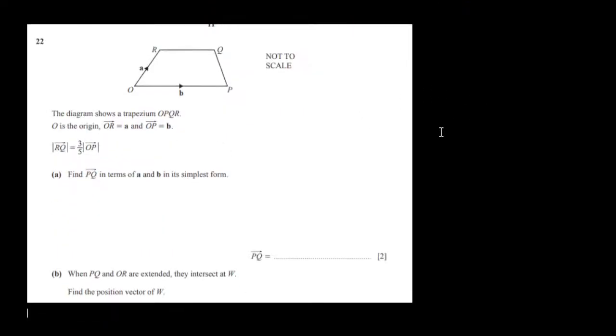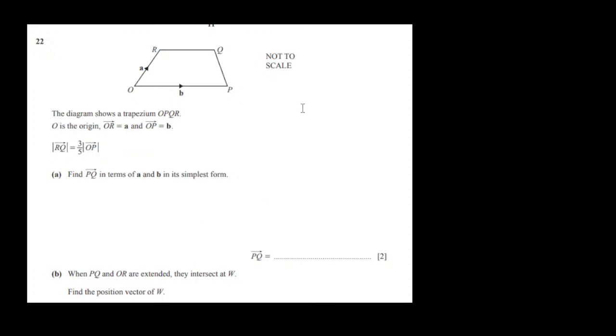The diagram shows a trapezium OPQR. Okay, Neha, I will see your question. Okay, fine.